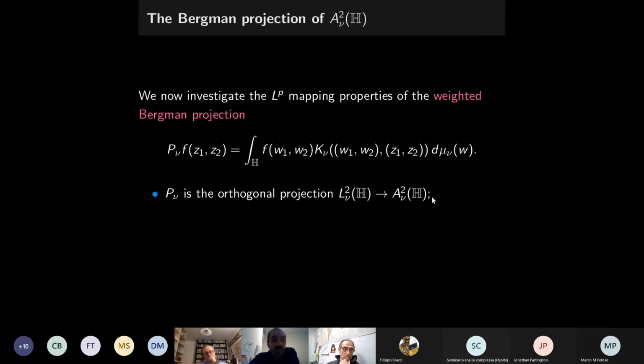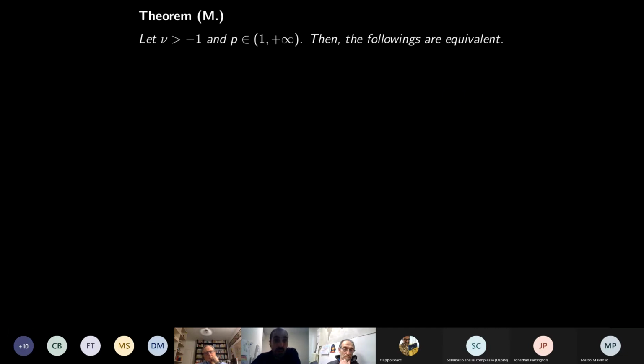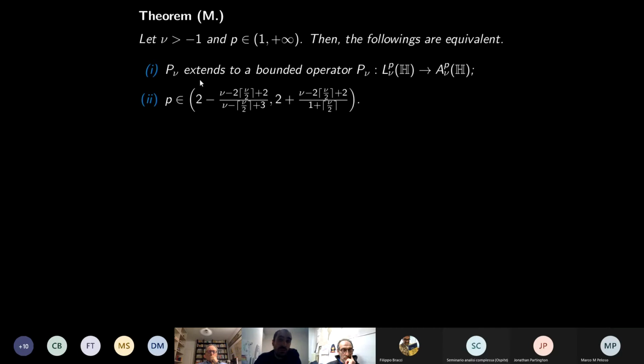So what about the LP mapping properties? We have the following result: the weighted Bergman projection extends to a bounded operator on LP if and only if p belongs to this bounded interval here.